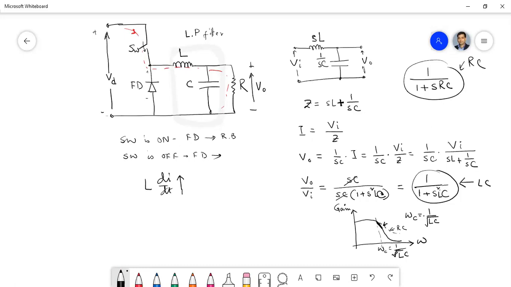Because of this change in polarity in the inductance itself. When inductance is carrying its normal current, the polarity is like this. But when the current tries to change, the inductance itself induces an opposite polarity. So this becomes negative and this becomes positive. That is how this freewheeling diode becomes forward biased. So you have to understand that.